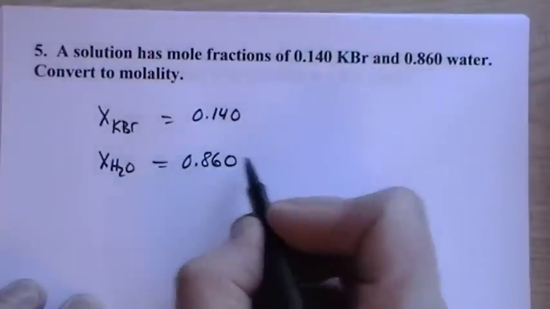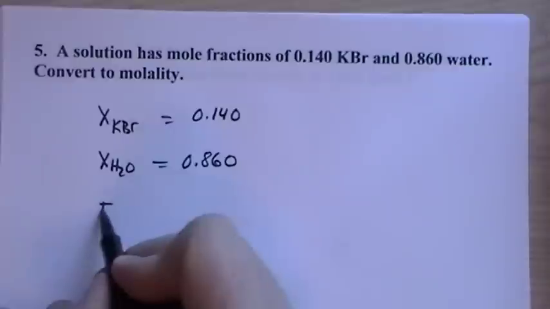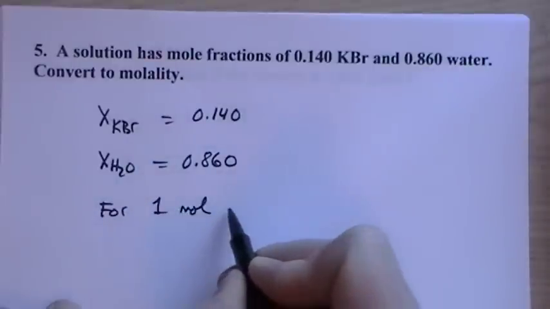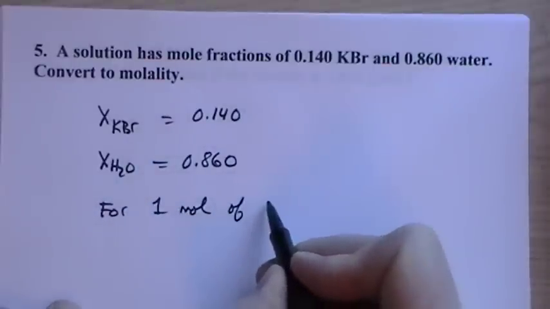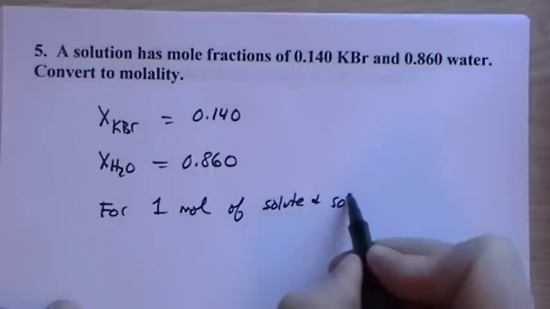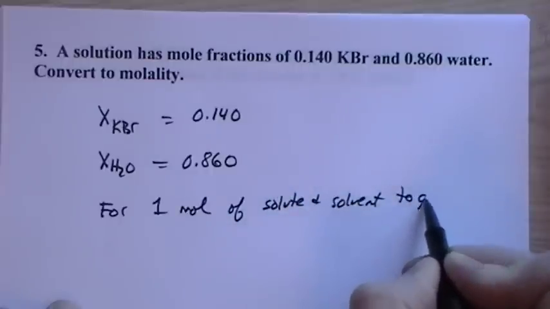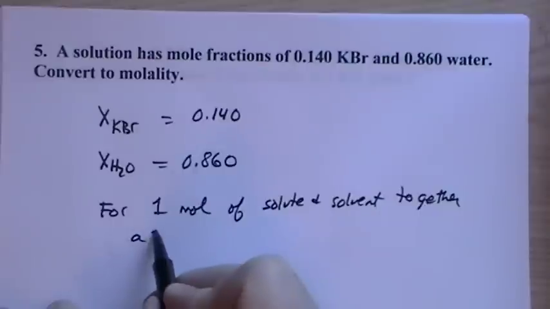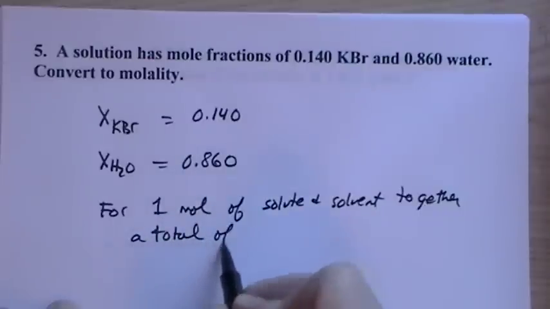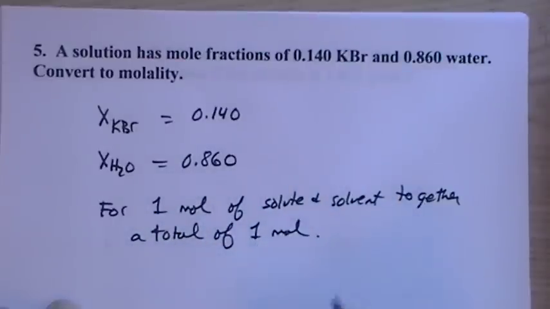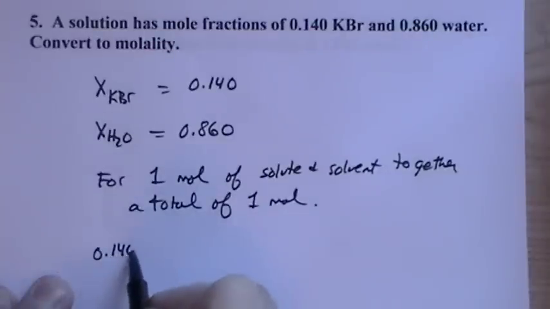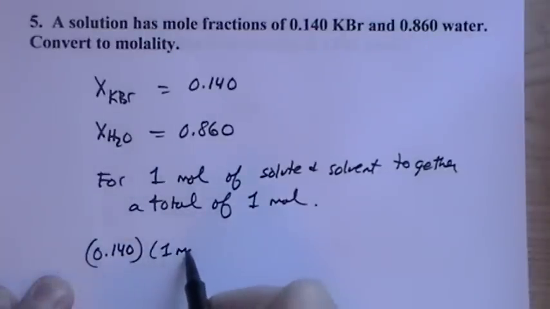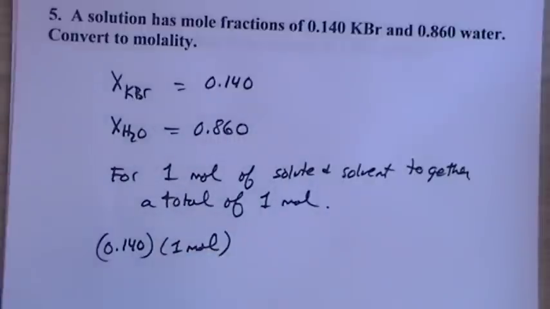Now, for a total of 1 mole of solute and solvent together, that means that 0.140 times 1 mole, so I'm just saying we take that solution and we get a mole of KBr and water together, total.